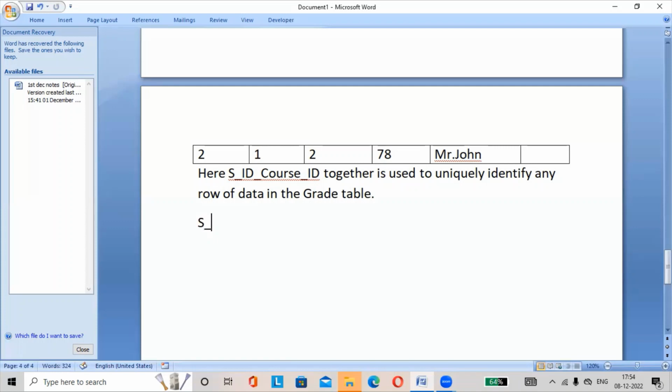Student ID and course ID is of many to many relationship.